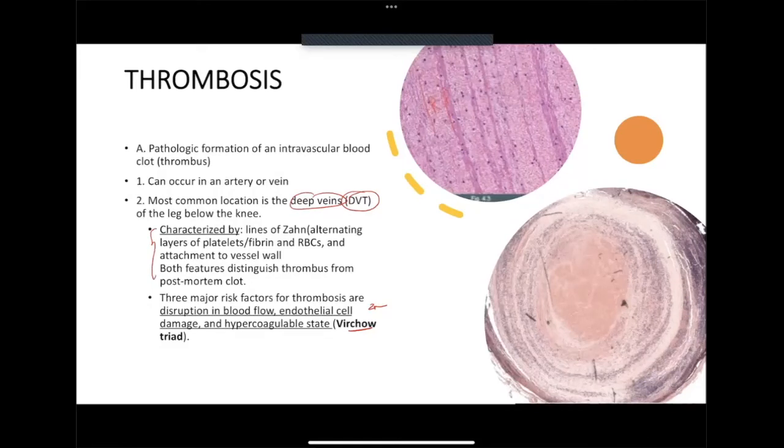You see clot formation, so you want to know if, for example, someone died of a myocardial infarction, was this clot the reason that the person died, which means it happened ante-mortem, or was this clot just formed post-mortem? So we want to be able to tell the difference between the two because it's important.